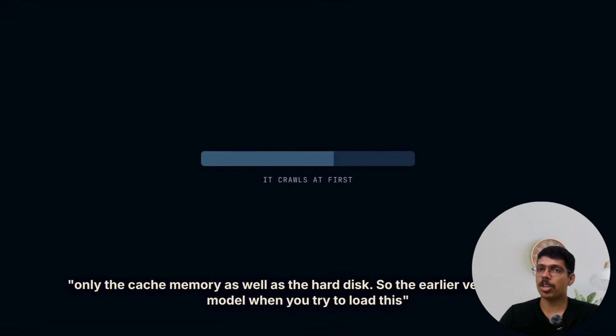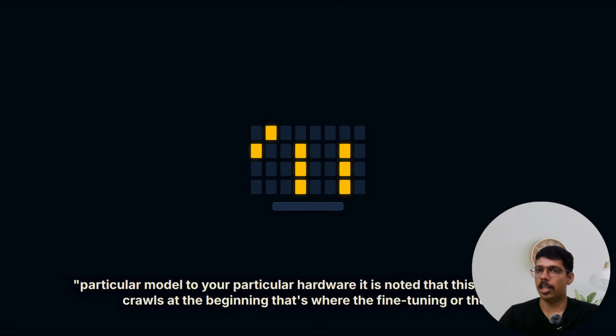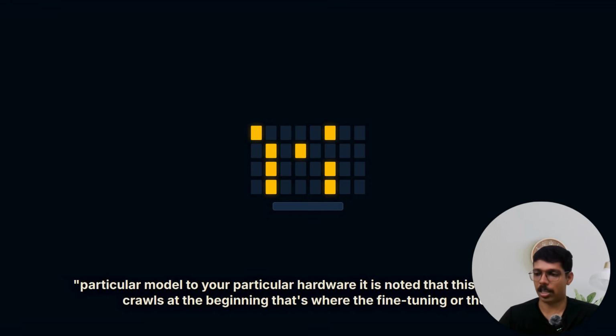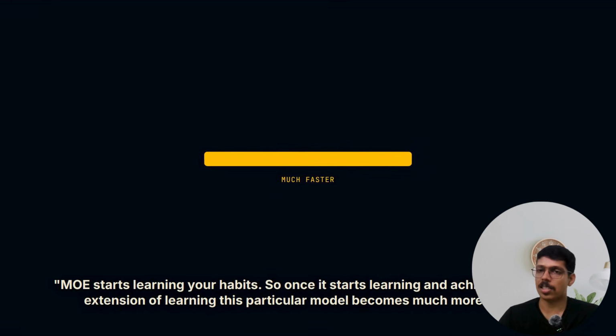With the earlier version of the model, when you try to load it onto your hardware, it is noted that the model just crawls at the beginning. That's where the fine tuning, or the MOE, starts learning your habits. Once it starts learning and achieves its full extent of learning, this model becomes much faster.